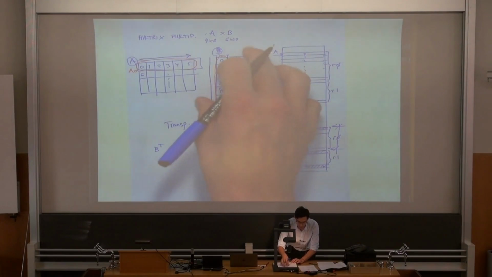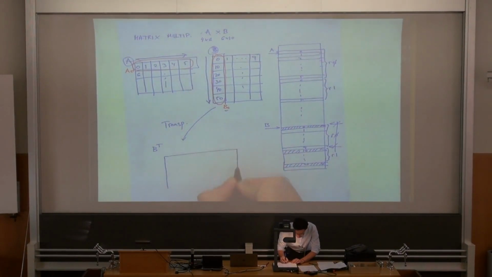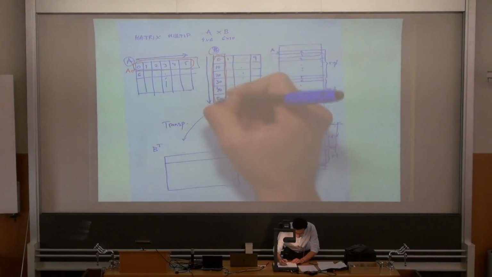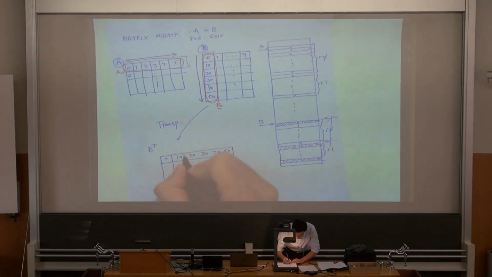If we take this matrix and we transpose it, what we will do is this column B0 here will turn into the first row. So we will have element 0 here, 10, 20, 30, 40, and 50.